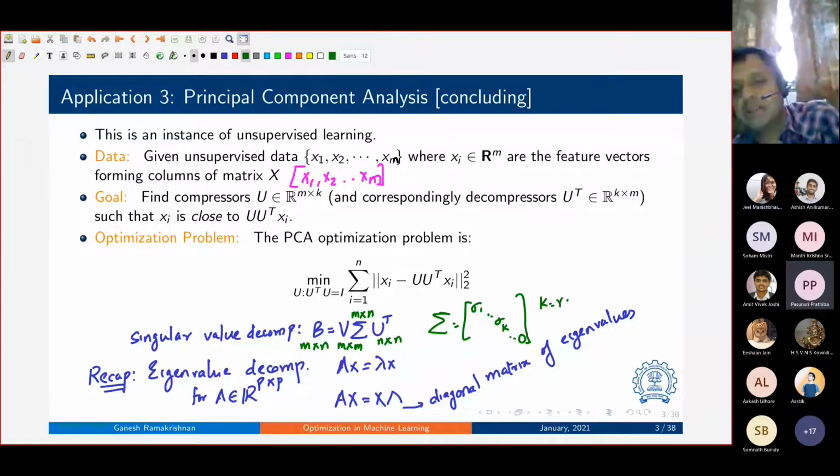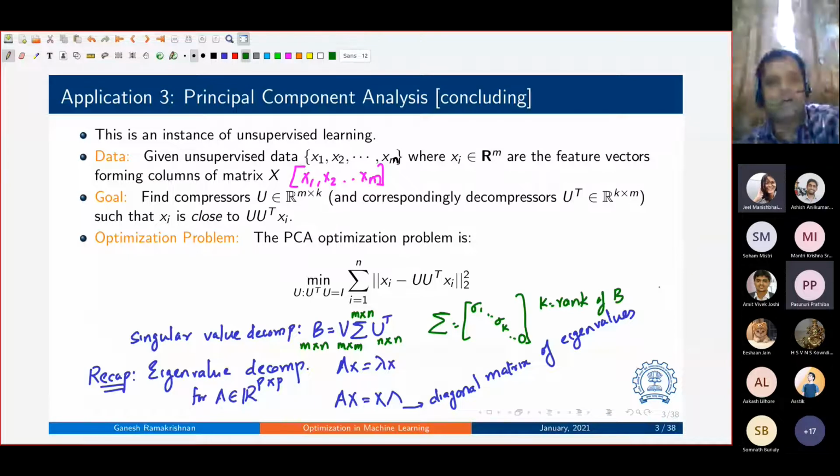So K would correspond to the rank of B. It could also turn out to be the min of M and N, but in general, it's always going to be less than or equal to the min of M and N.